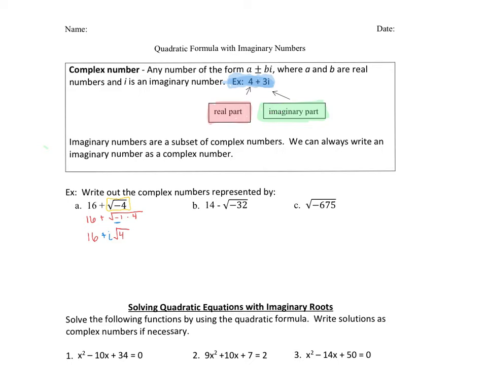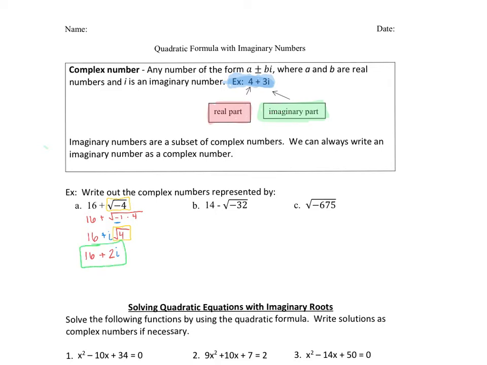So once again, this 16 just comes down. Nothing is being changed, okay? Now, we have the square root of a positive number. And we know, this is very simple. When we have the square root of a positive number, we can just solve. So the square root of 4 is 2. And we have to remember that the i always comes second, okay?